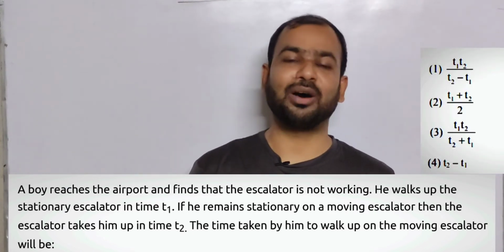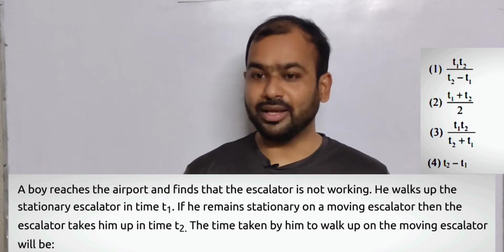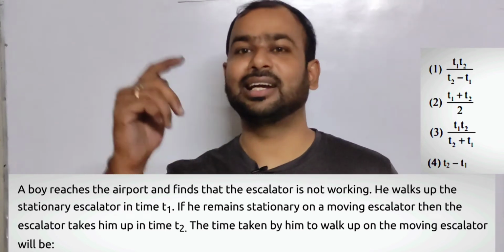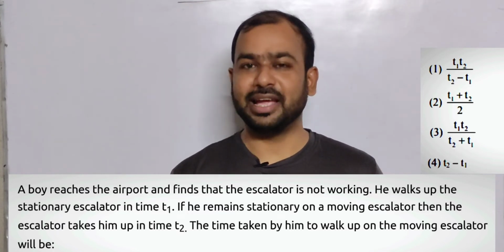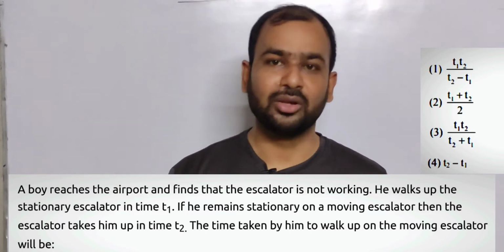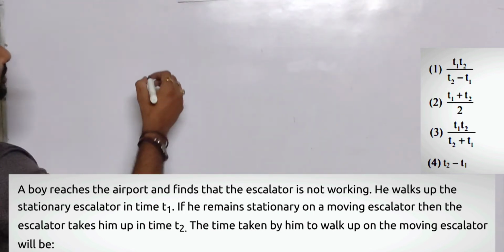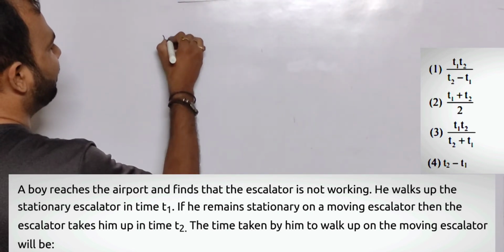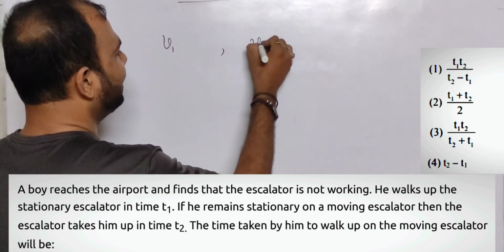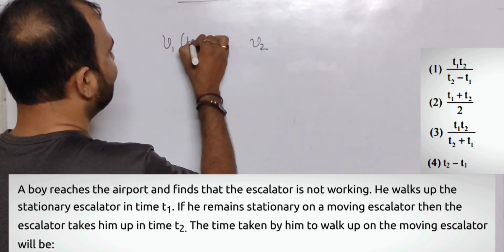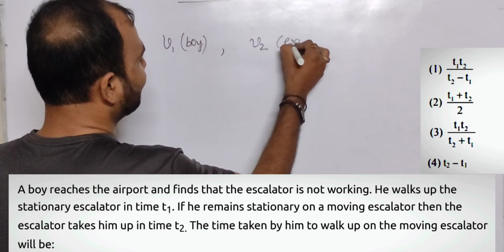We have to find the time when the boy is moving and the escalator is running. So what time will it take to go up? Let us consider V1 as the velocity of the boy and V2 as the velocity of the escalator.